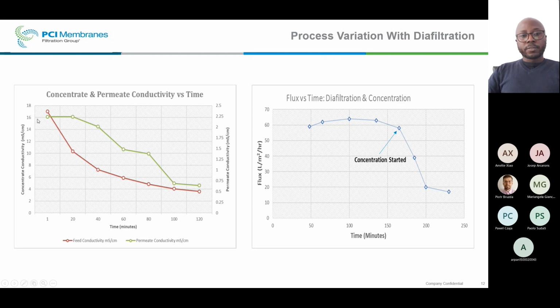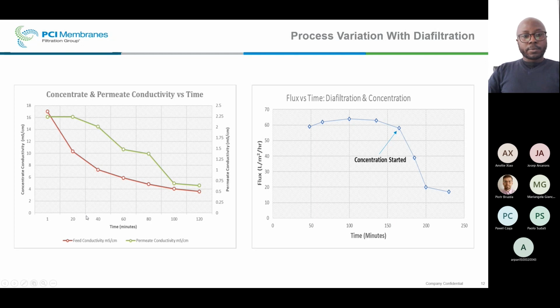What can be seen from the permeate conductivity, shown in green, is that the permeate, which is water and impurities, has high conductivity at the start, which reduces over time. As this reduces, we are reaching a point where these impurities are removed completely or almost completely. This gives you an overview of how the process varies with time.